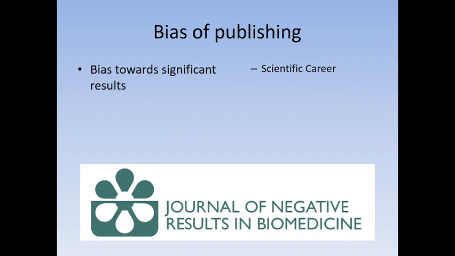One other thing I want to talk about in the process of doing science is that there's a lot of bias in publishing, and we see a huge bias towards significant results. You might think about this: scientific careers are not made on negative results.